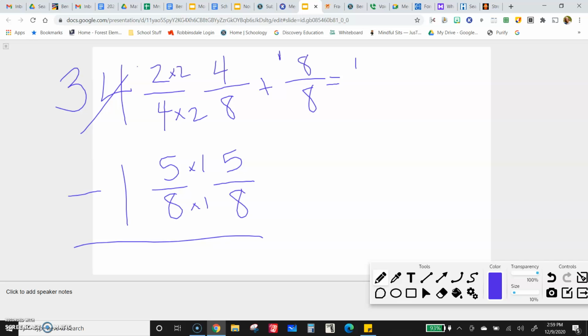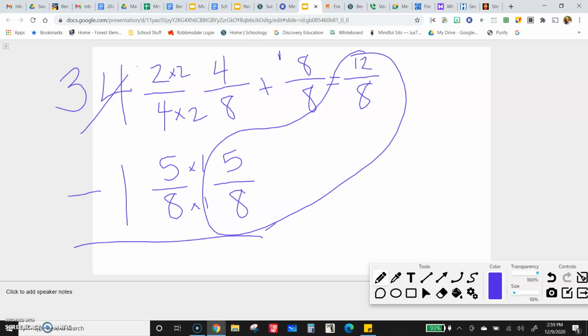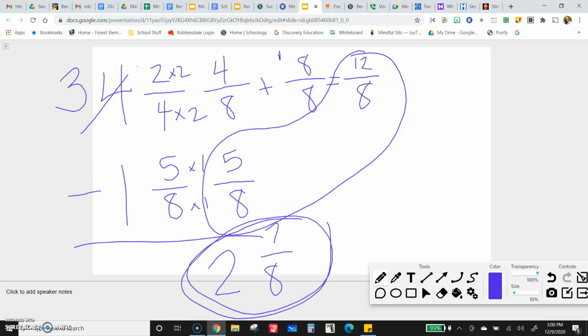That gives me 12/8, and I can do 12/8 minus 5/8, giving me 7/8. 3 minus 1 is 2. Can I simplify? No, I cannot. So 2 7/8 is my final answer.